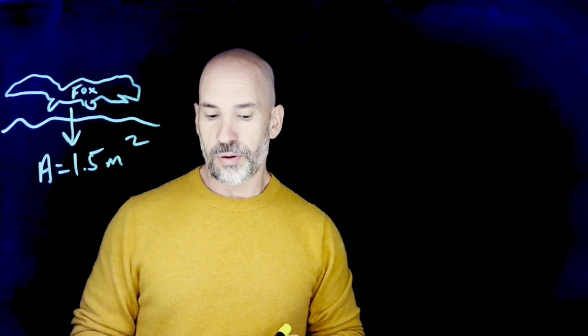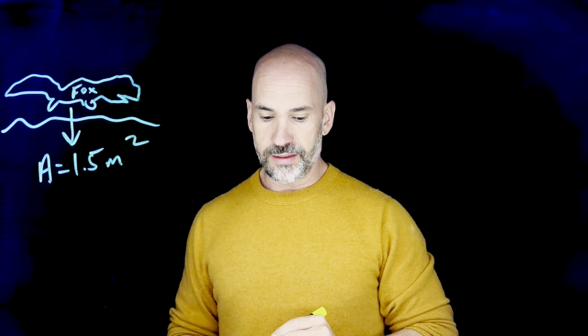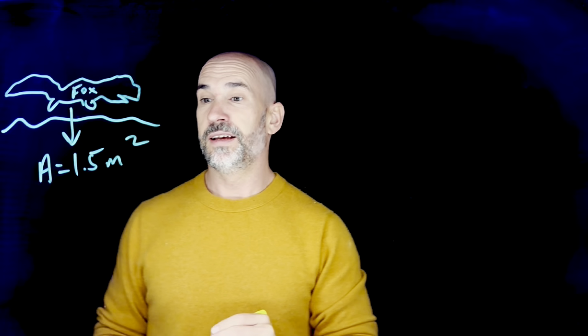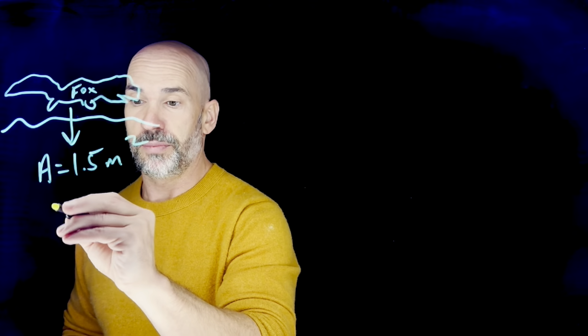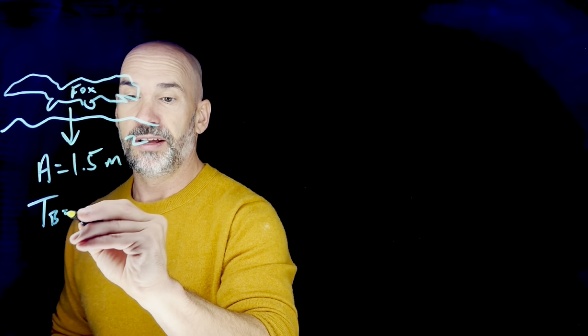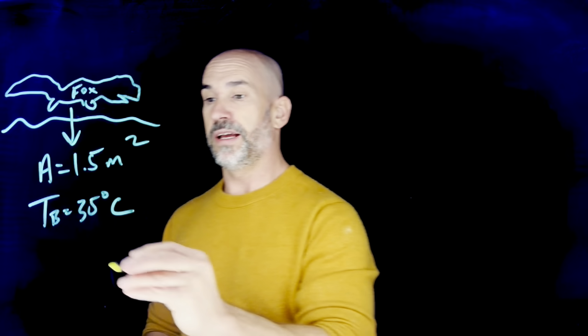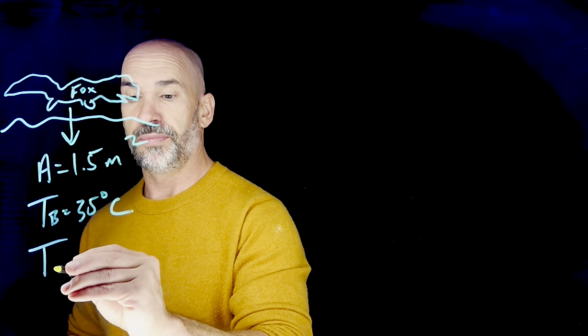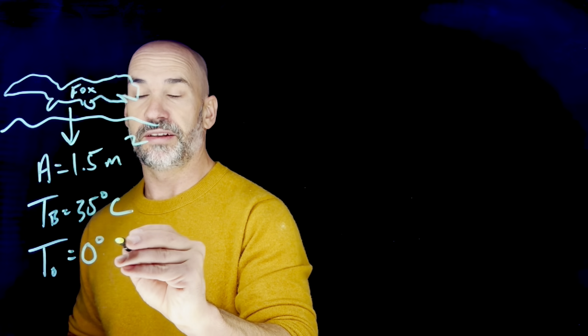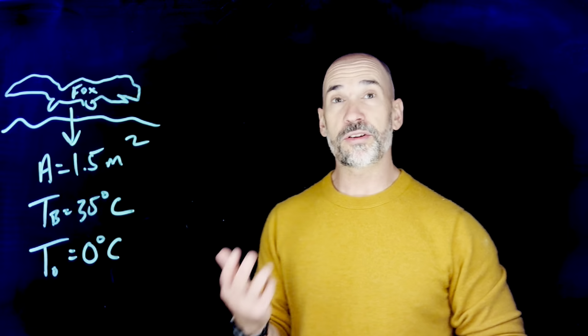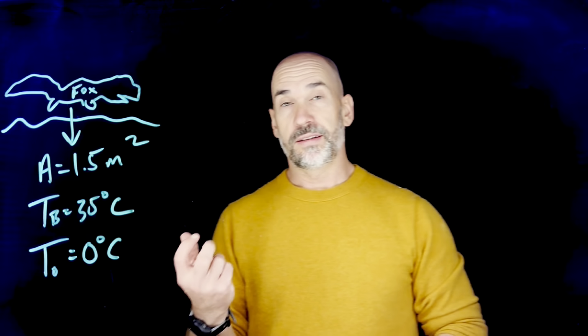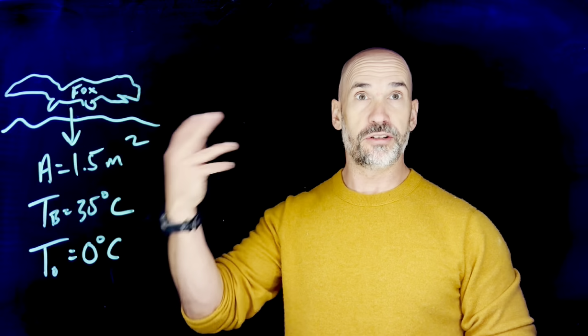And let's suppose that this Arctic fox maintains a body temperature of about 35 degrees Celsius, but it lives in a place that has a temperature T naught of about 0 degrees Celsius. Okay, the question is, at what rate does this fox lose energy to its environment?